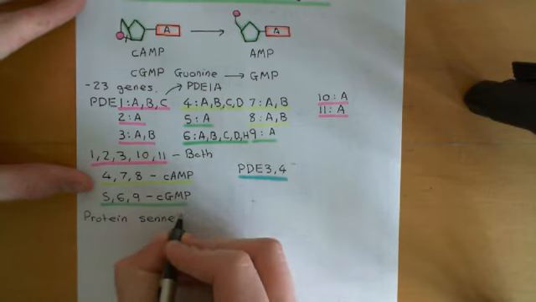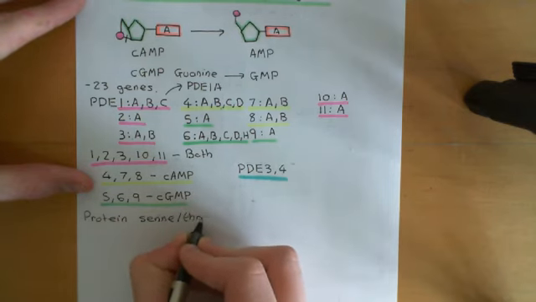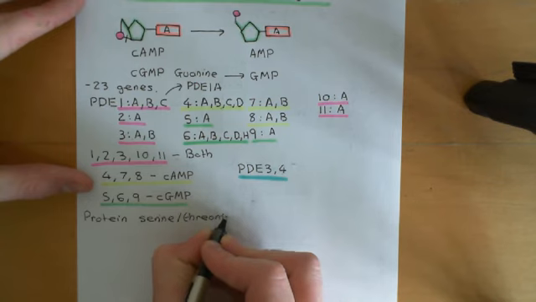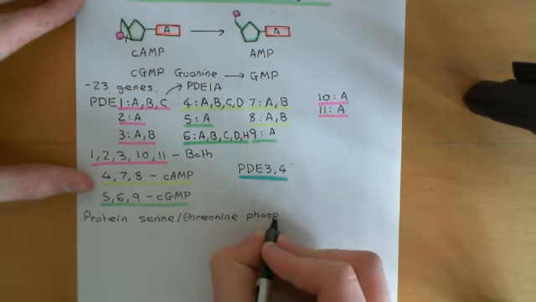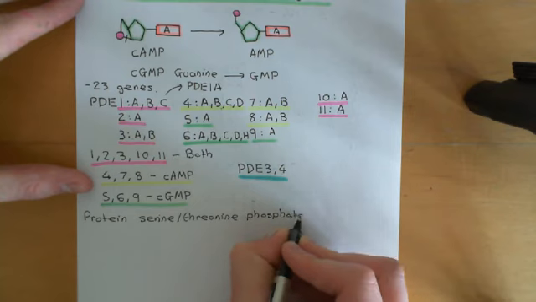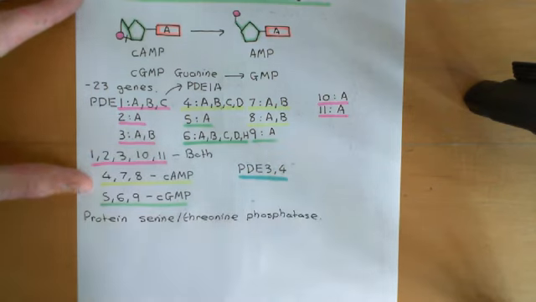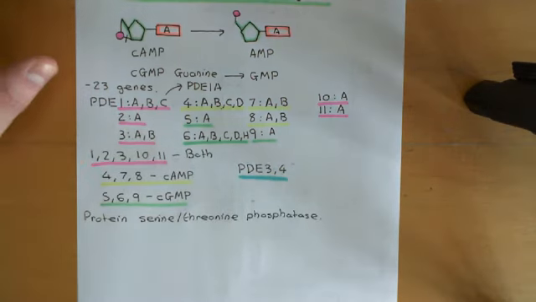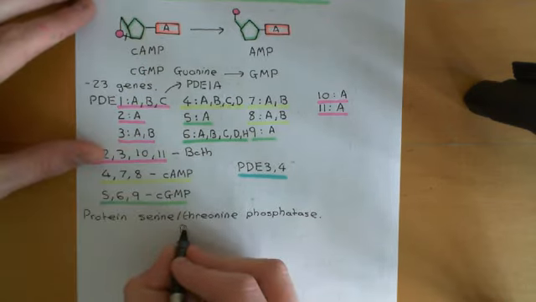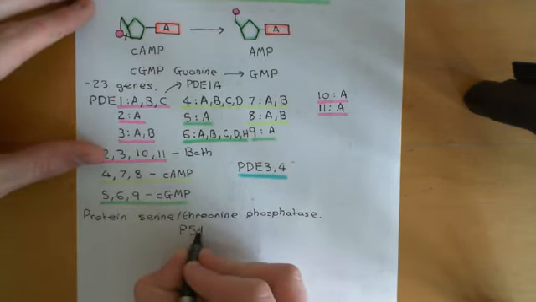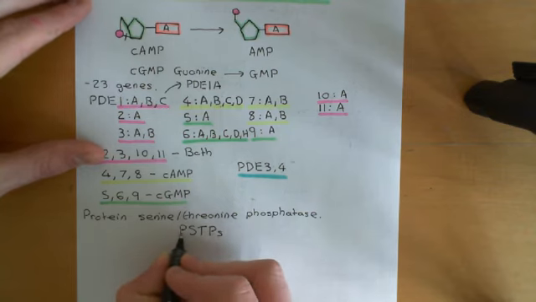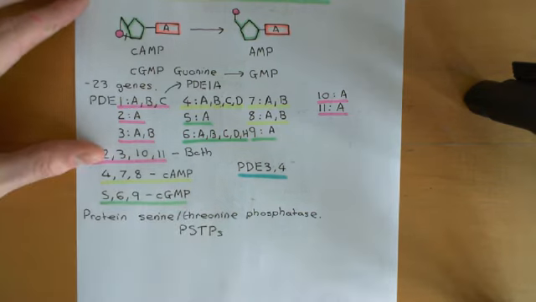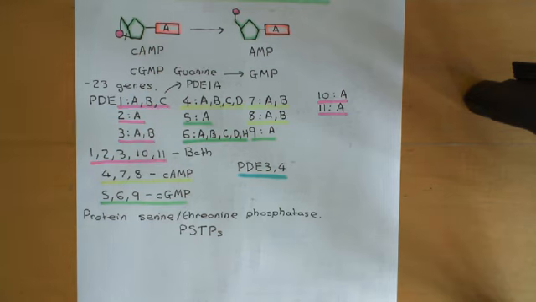They are the exact opposite of the protein serine threonine kinase enzymes, of which protein kinase A is an example. They basically cleave phosphate groups off serine and threonine residues on proteins. For short, protein serine threonine phosphatases are often abbreviated down to PSTPs. So P for protein, ST for serine and threonine, and then P for phosphatases.